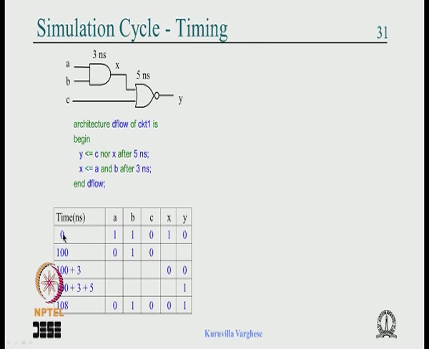So we have at time 0 A and B are 1, so X is 1, C is 0, so because of X 1, Y is 0. Now at the 100 nanosecond B remains there, A changes from 1 to 0. The moment that happens, this A appears at the right hand side, X needs to be computed.